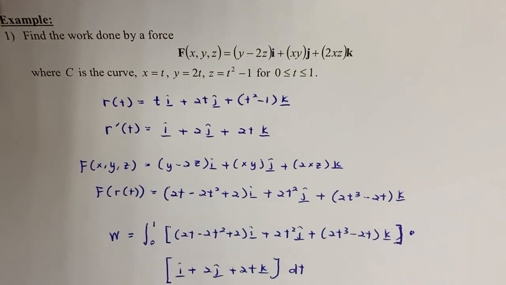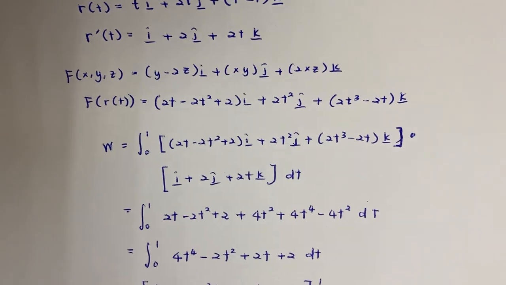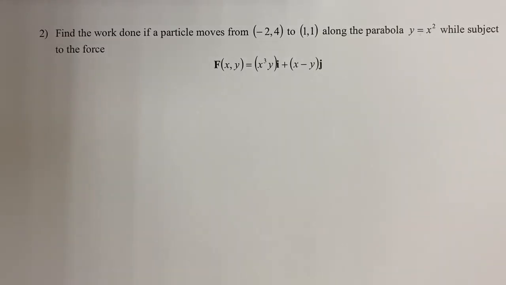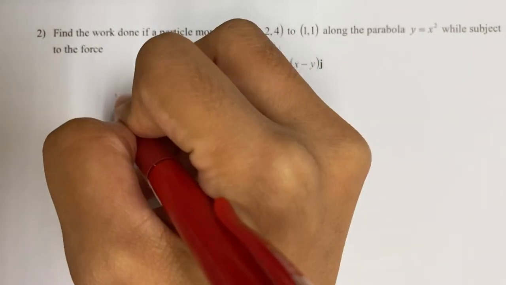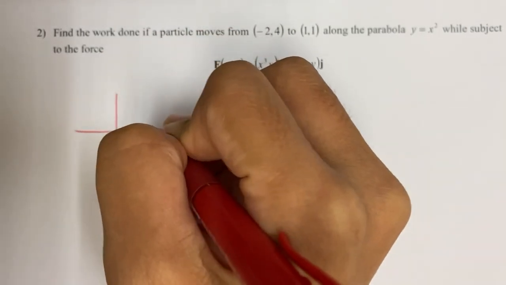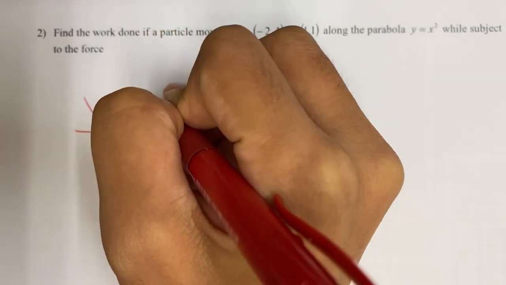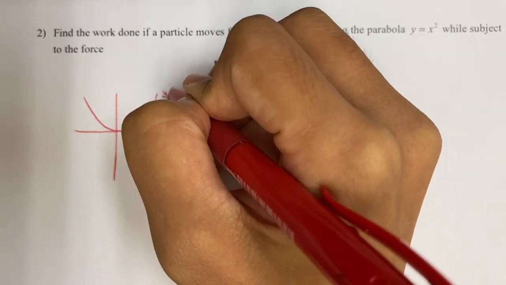Okay, this is how you solve the line integrals in vector form. We come to the last example for this video. Find the work done if a particle moves from negative 2, 4 to 1, 1 along the parabola y equal to x squared while subject to the force F(x,y) equal to x cubed y i plus (x minus y) j. So the parabola y equal to x squared.